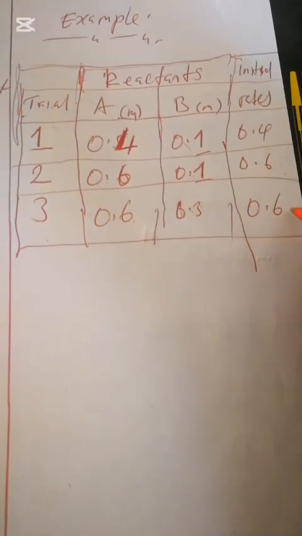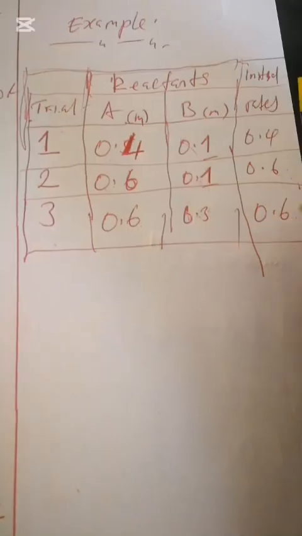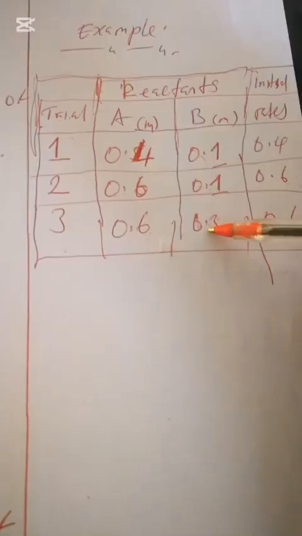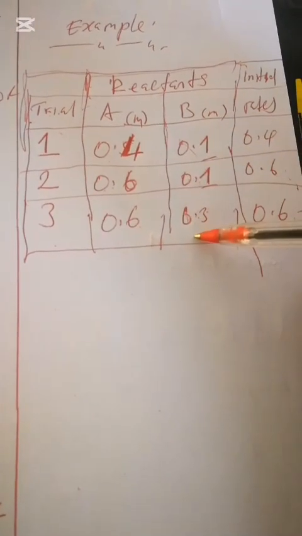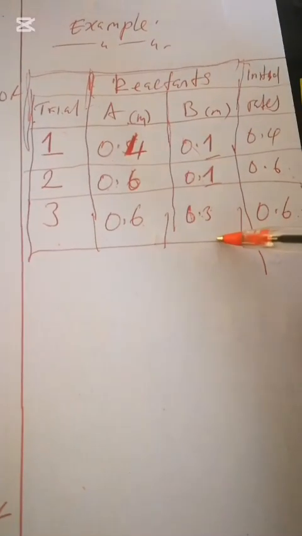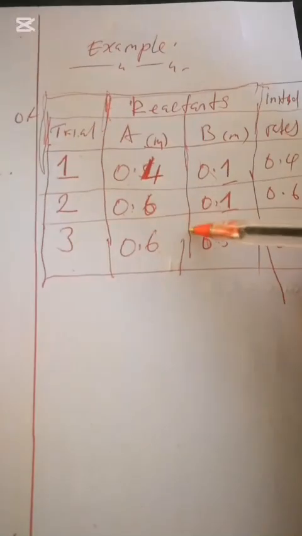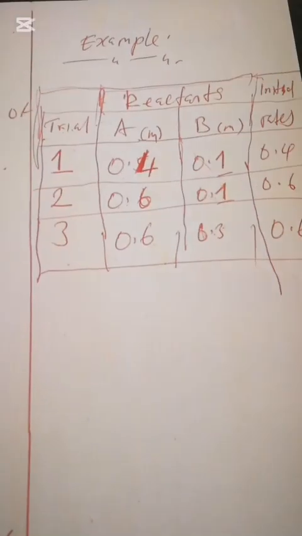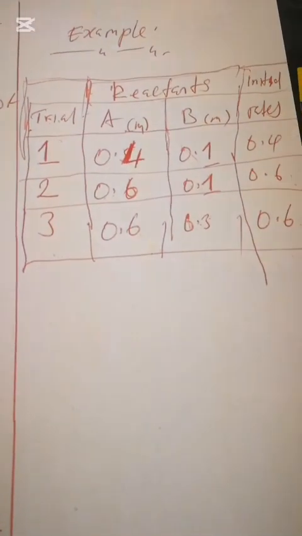The rates remained the same. So what can you conclude? The reactant B has no effect on the reaction. If you increase or reduce it, it will not affect the rate. So it does not have any effect.